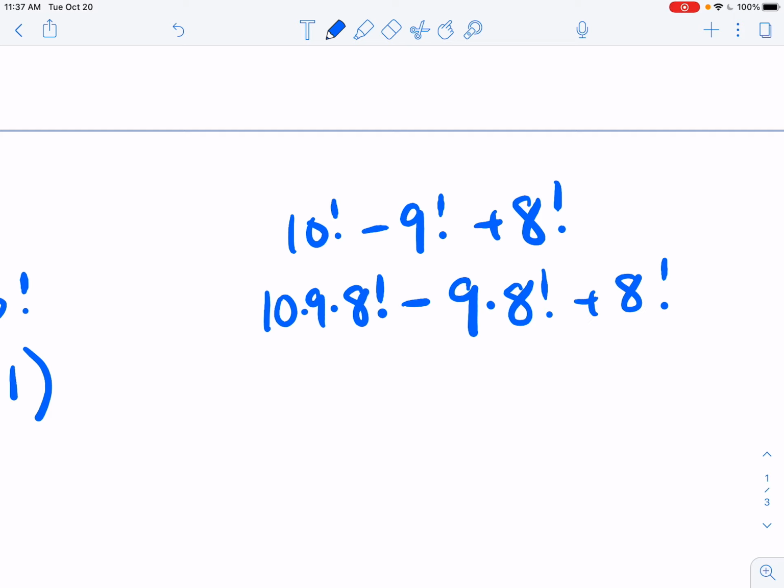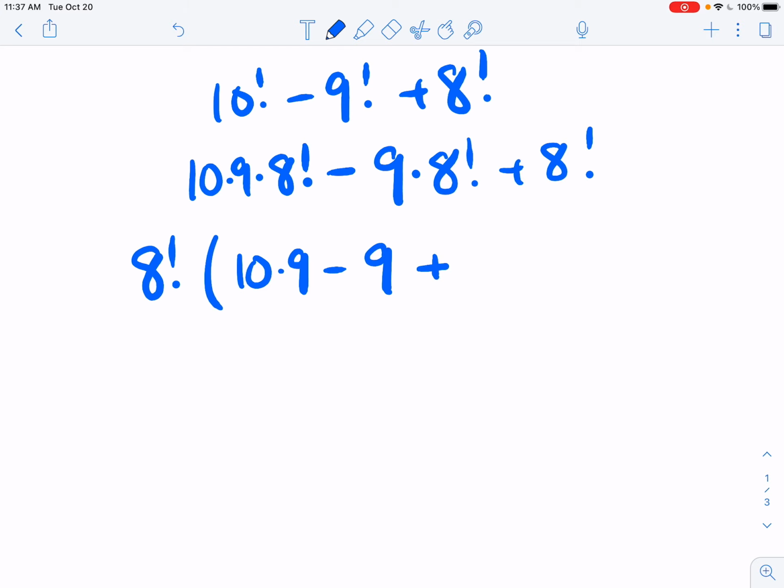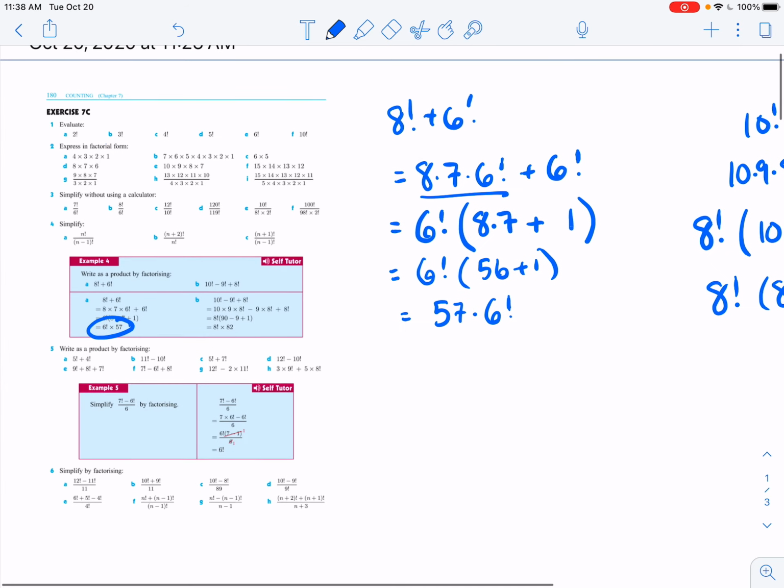Now I see that I've got an 8 factorial in every term. I can factor it out. That's 90 minus 9 plus 1, so 82. So 8 factorial times 82, or something like that.